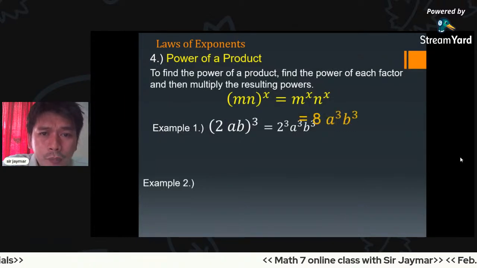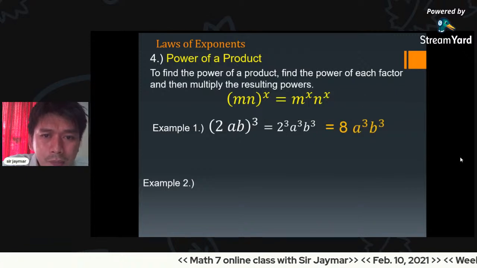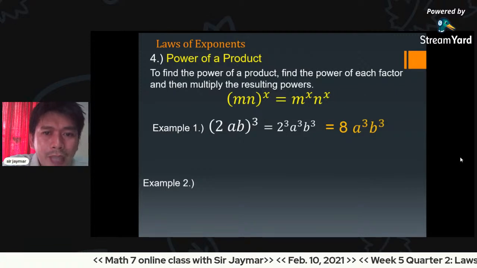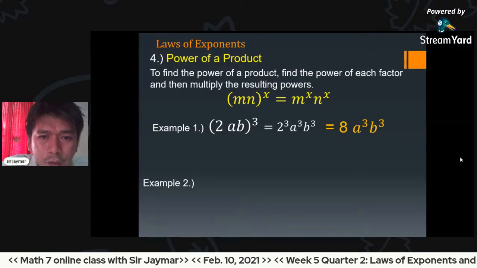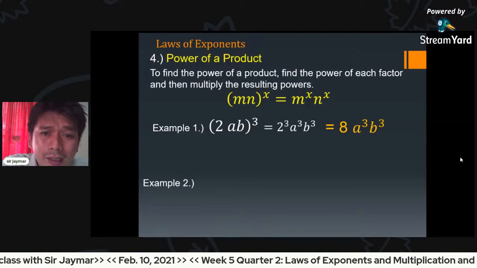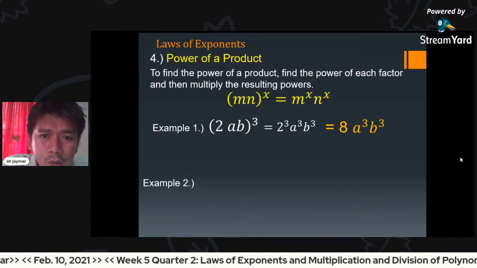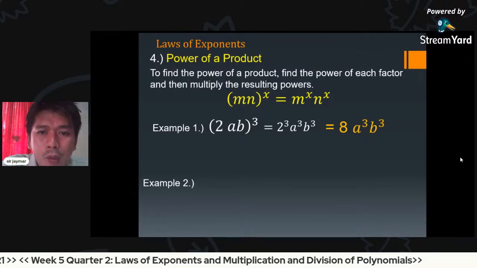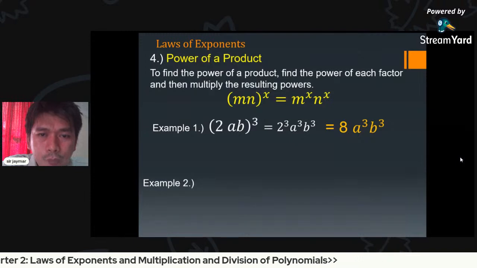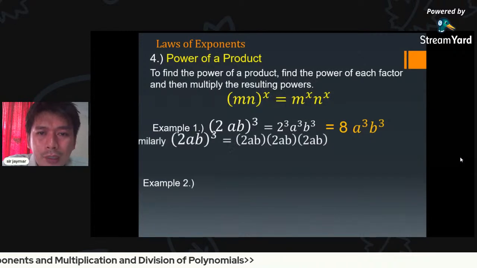So 2 cubed times a cubed times b cubed will be the answer. The final answer: 2 cubed is 2 times 2 times 2, which becomes 8. So 8a cubed b cubed. This will be the simplest form.